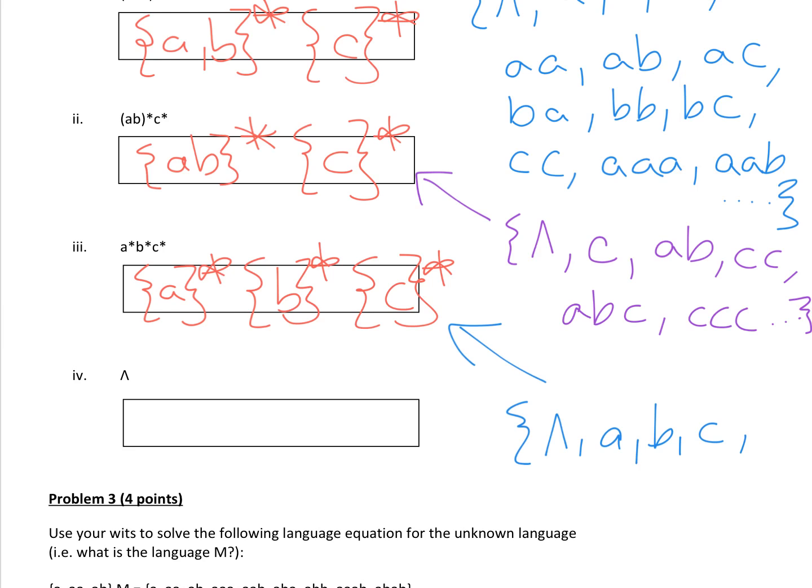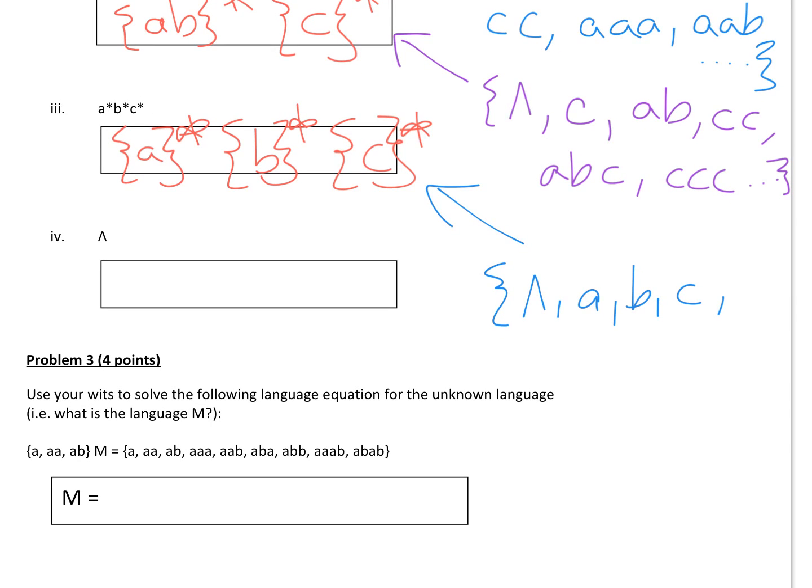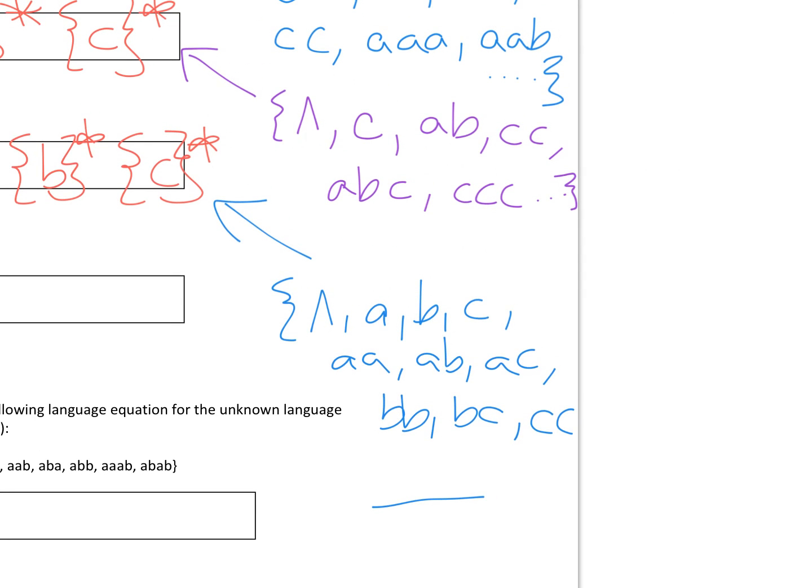So let's see, we could have AA or AB or AC or BB or BC or CC, and I think that's all the 2's, right?